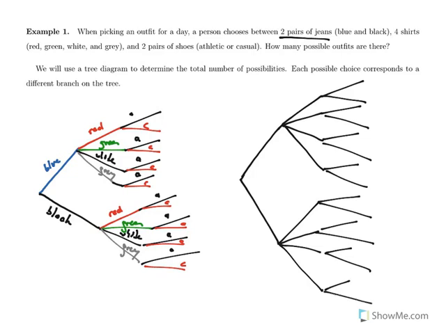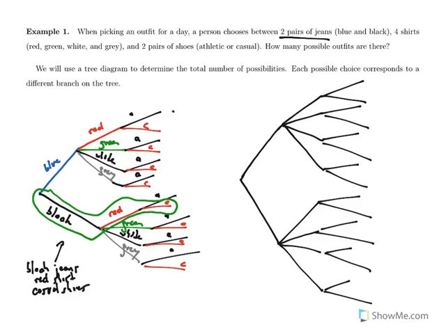So for instance, let's look at the option corresponding to this branch. That is black jeans, red shirt, casual shoes.